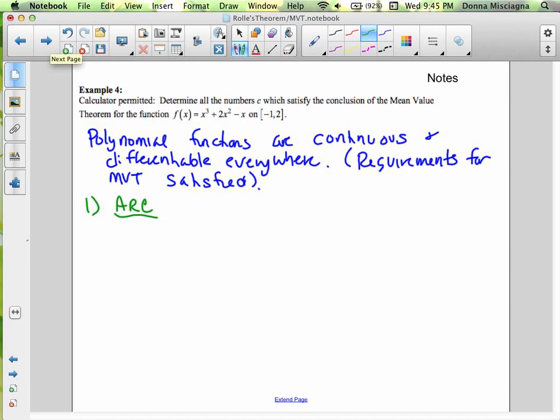Right, and so we need f of a and f of b. Right, so f of -1 is -1 cubed plus 2 times -1 squared minus -1. So that's -1 plus 2 plus 1, so that's going to be 2.